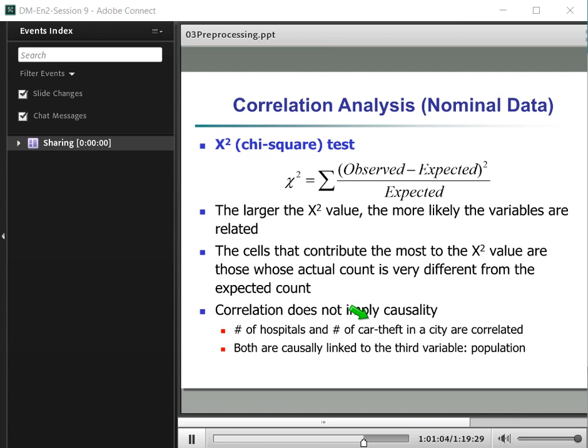For example, the number of hospitals and car thefts in Baghdad is higher than in a small city, for example in the south of Iraq or in the west of Iraq, I don't know. Just because the population of Baghdad is higher than that city.